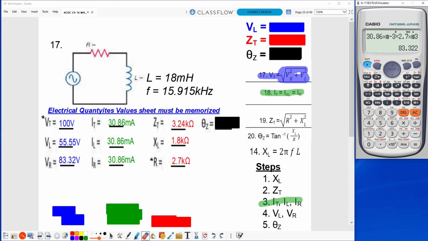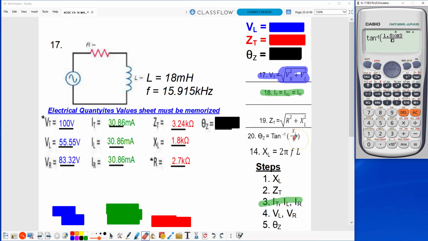So you have to hit shift. Here's our tangent button right here. That's for inverse tangent. We have to do inverse tangent. So again, that is shift tangent. And it's going to be XL. XL is going to go on top. 1.8 times 10 to the third. Hit over under.